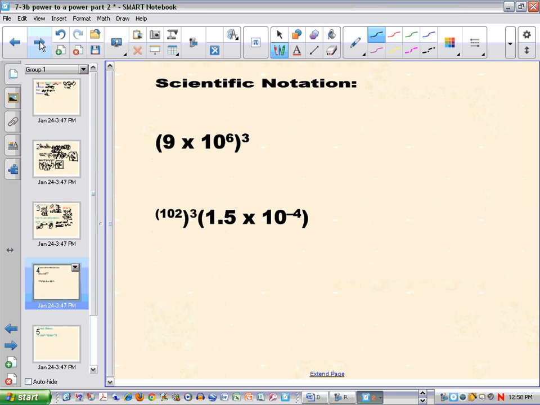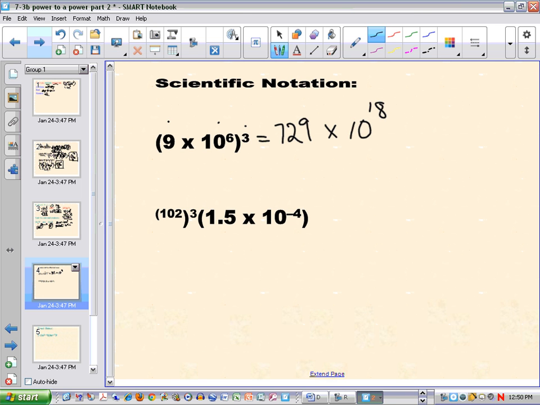So, a little work with scientific notation. So we've got 9 times 10 to the 6th, and we're cubing that. We've got 2 factors in parentheses. Apply the cube to both. 9 cubed would be 729. 10 to the 6th cubed, power to a power, multiply.